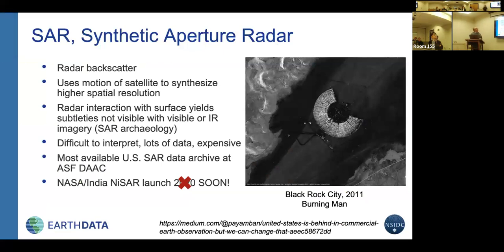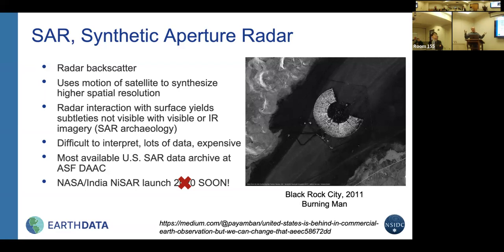And then SAR, synthetic aperture radar. Again, it's radar, sending out a radar pulse down. One of the things with radar and microwave is the resolution tends to be fairly low, because you're collecting information over a larger area to get enough of a signal. But SAR is a specialized radar. It uses the motion of the satellite to synthesize a bigger antenna.